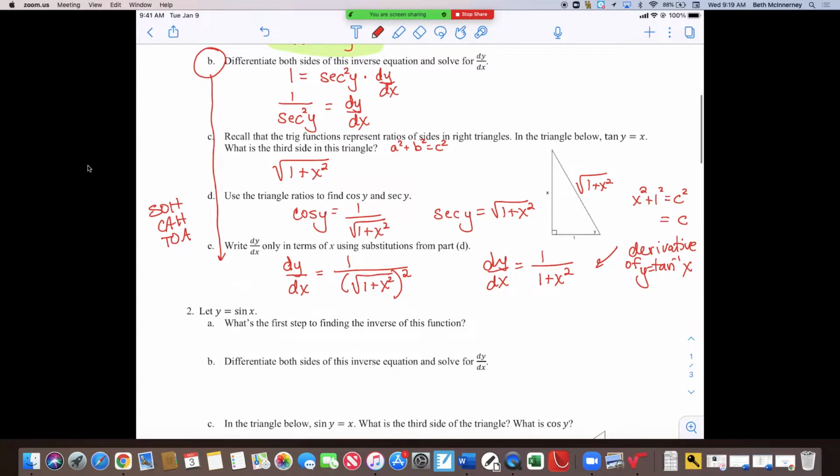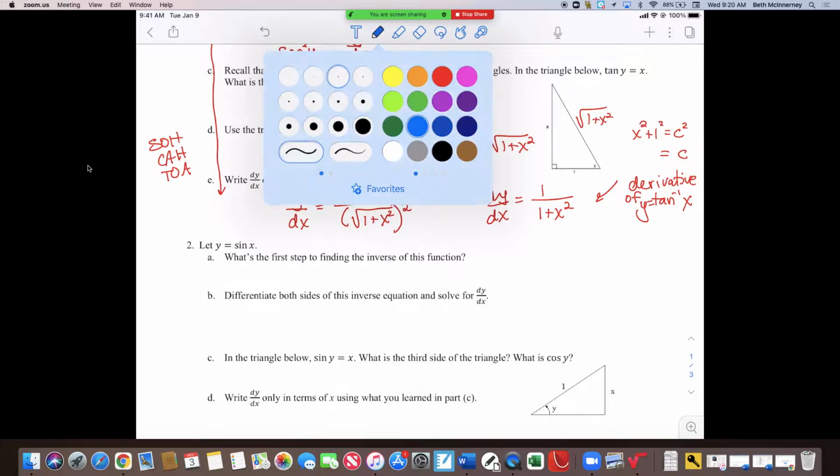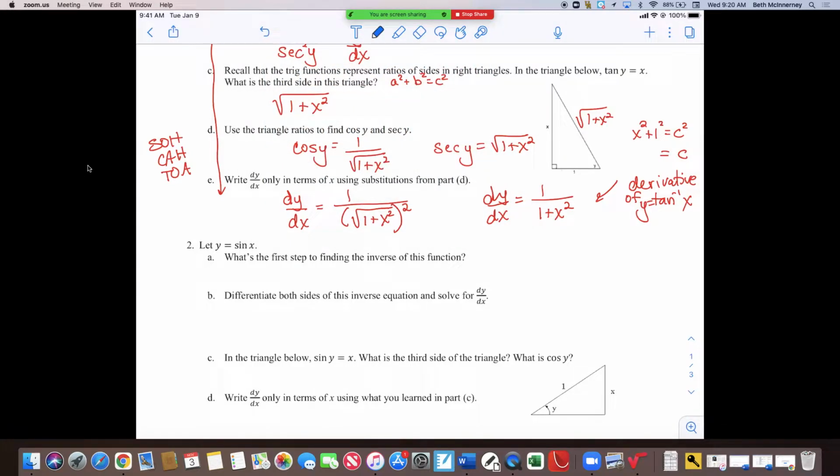All right, so let's try this again for the sine function. If y equals sine x, what's the first step to finding the inverse of this function? Yeah, okay, so we're going to switch x and y.